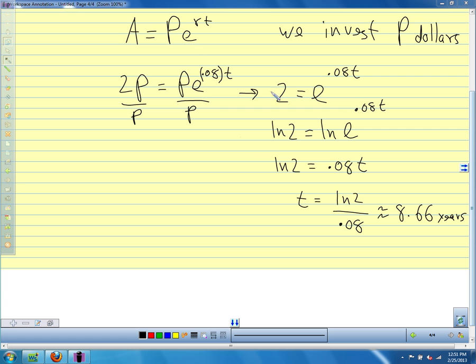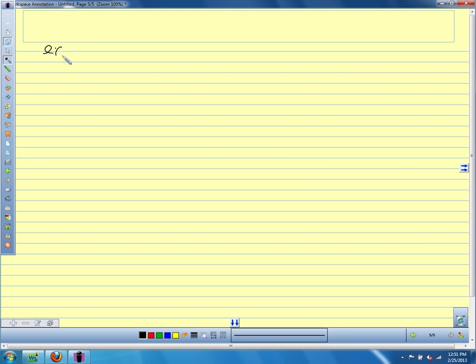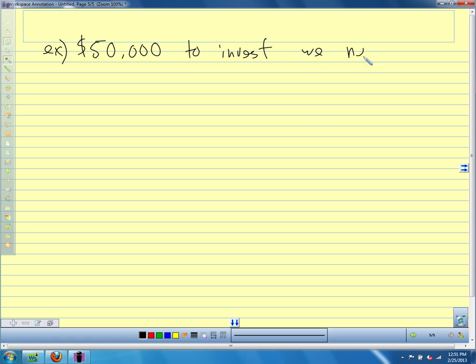All right, one last example having to do with interest. Similar, but we're not doubling our money. We want to get a specific amount back. All right, so we have $50,000 to invest. We need $350,000 to retire in 30 years.